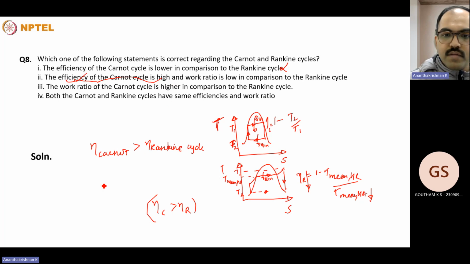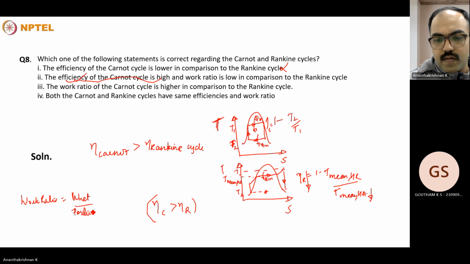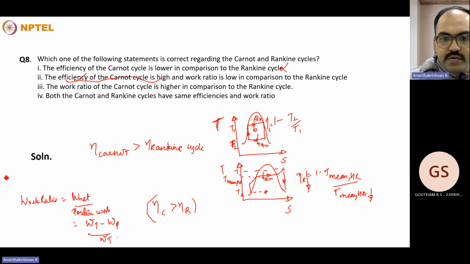So what will be the work ratio? Work ratio will be the net work divided by the positive work. The net work will be equal to the work done by the turbine minus the work done by the pump, divided by the positive work, which will be WT. So you could see that the work ratio plus the back work ratio should always equal 1.